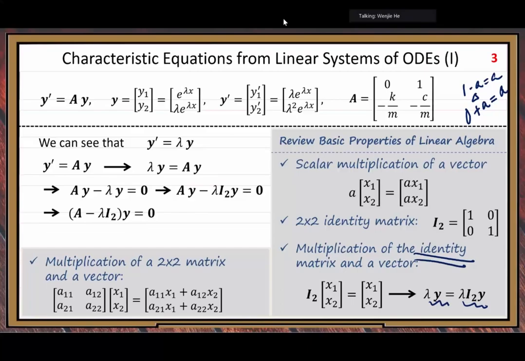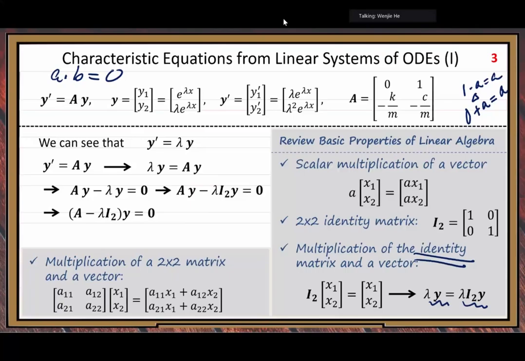Let's go back to algebra. In algebra, if we have two numbers, number A times number B equals 0, what can you get? The product of two numbers equals 0. One of the two operands must be 0, right?